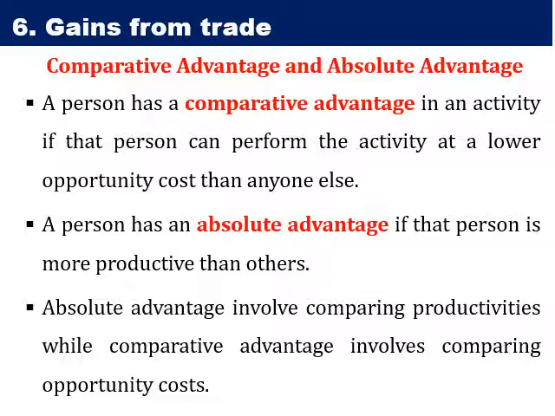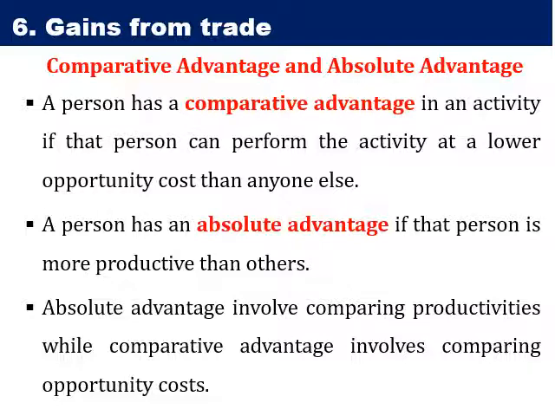For example, one plot of land is fertile but has no minerals, and another plot may have an outstanding view but be infertile. Because ability and resources vary from one person to another, people have different opportunity costs of producing different goods. And these differences in opportunity costs are the source of comparative advantage.